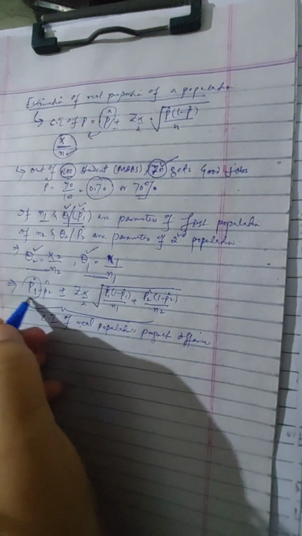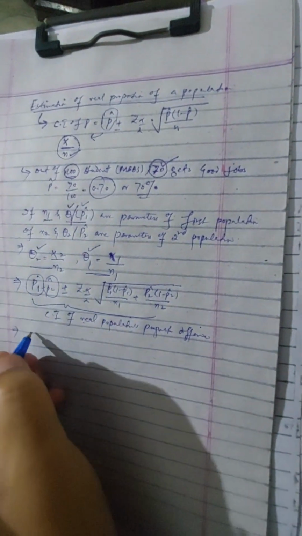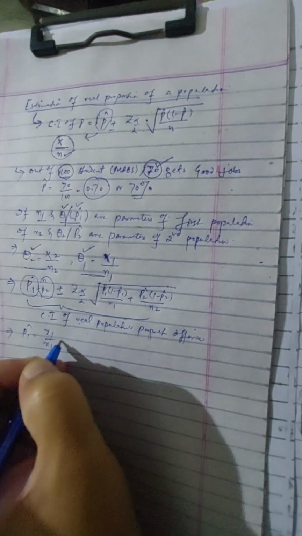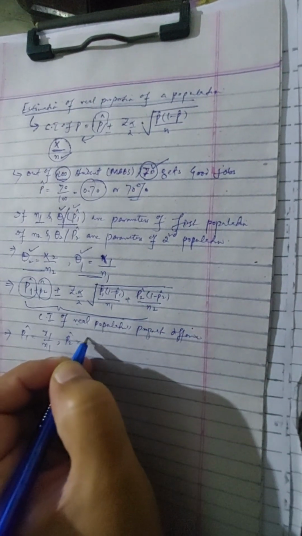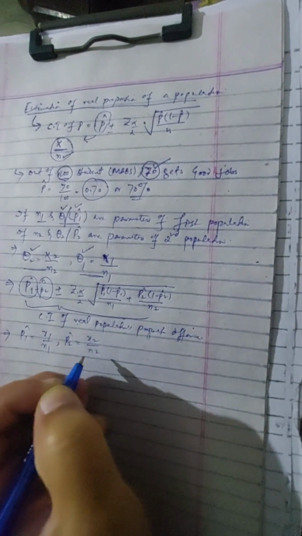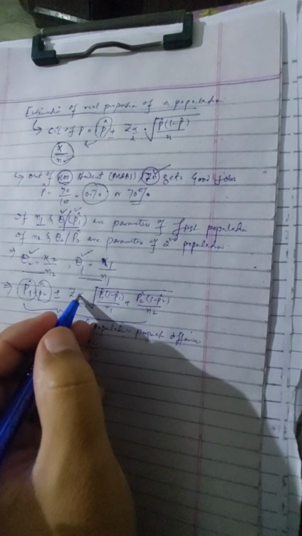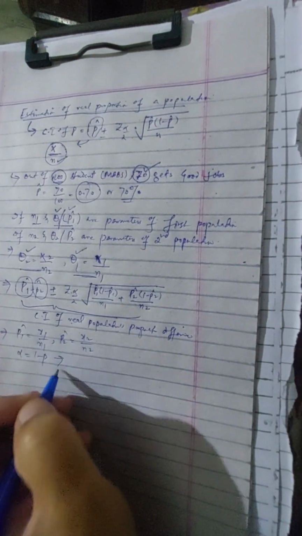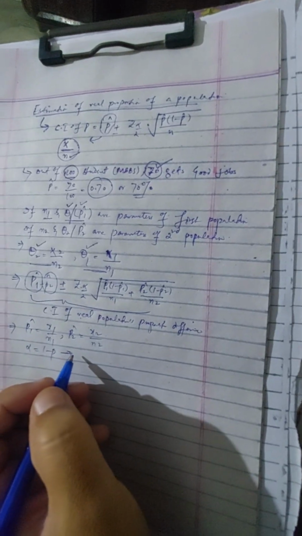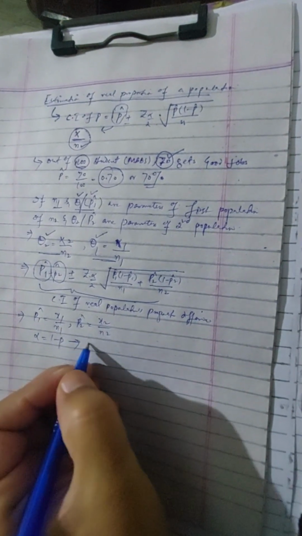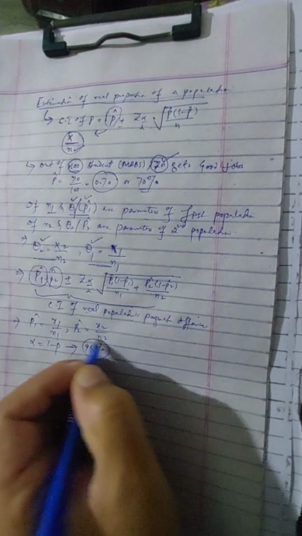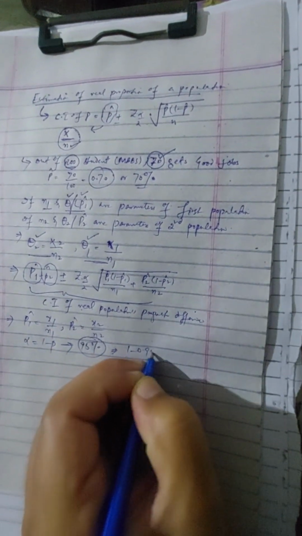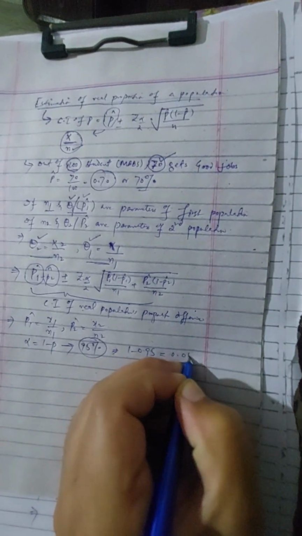Now these are the proportions for the two populations. P1 bar is equal to x1 divided by n1 and P2 bar is equal to x2 divided by n2. Alpha is equal to 1 minus p, where p is the percentage confidence level that we want. For example, for 95%, p is 0.95, so 1 minus 0.95 is 0.05.